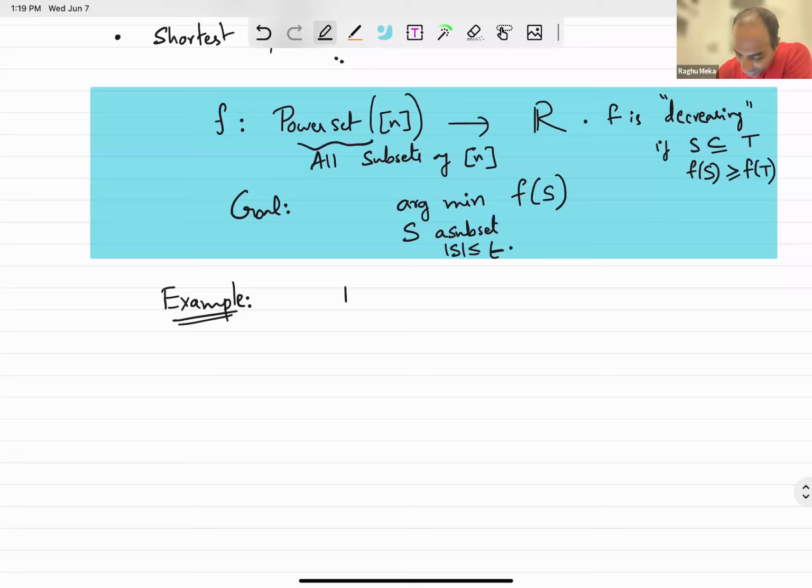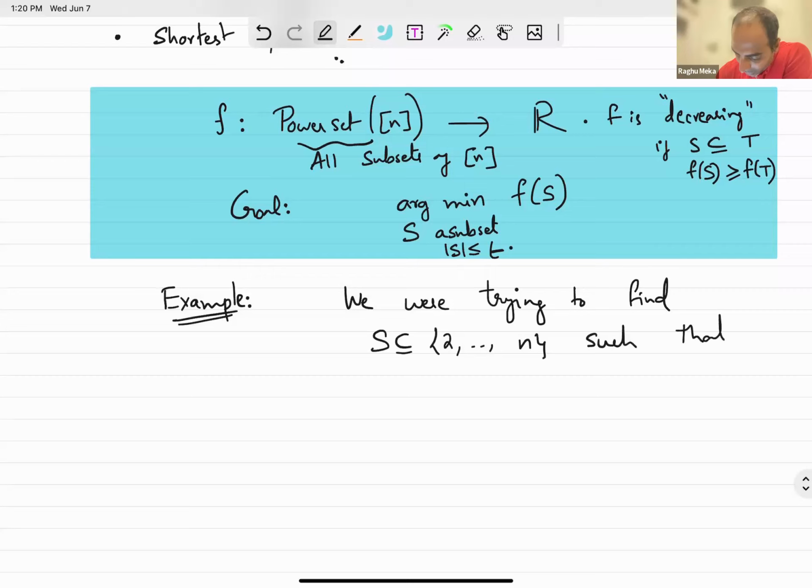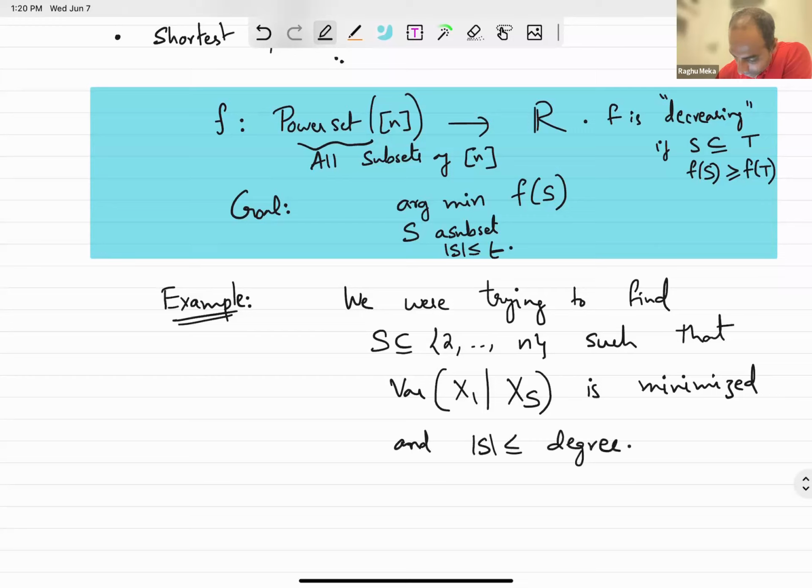We were trying to find S, a subset of 2 through n, such that it minimizes the variance.